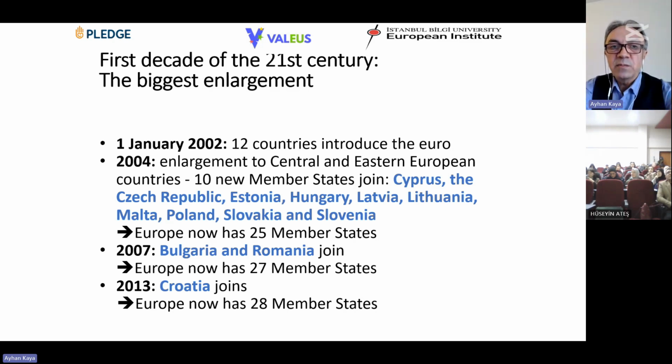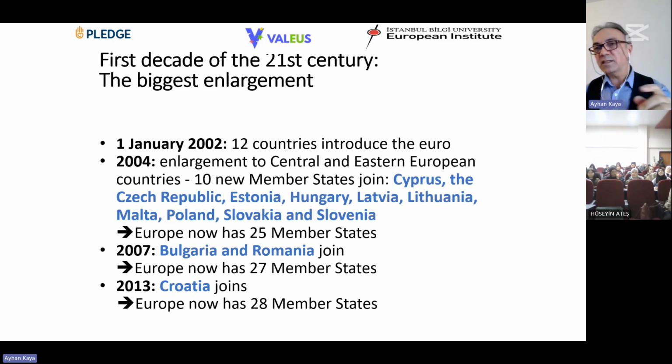In 2007, Bulgaria and Romania, and in 2013, finally, Croatia joined the European Union, making the EU a union of 28 member states. And we know that soon after, one of those member states is going to leave the European Union, saying bye to the European Union. That is, of course, the United Kingdom in the Brexit treaty. I'll come back to that.